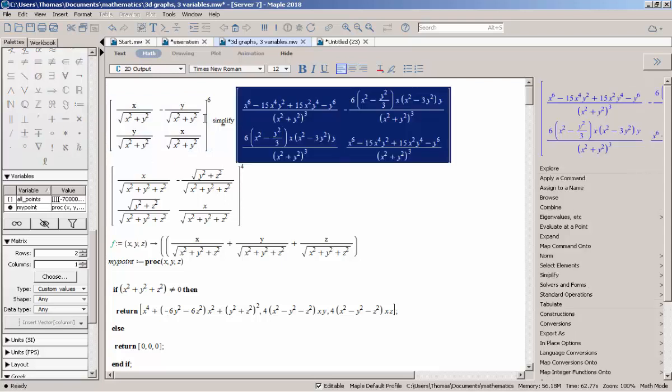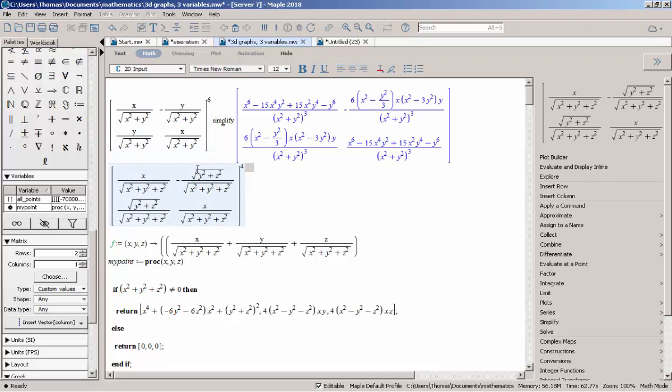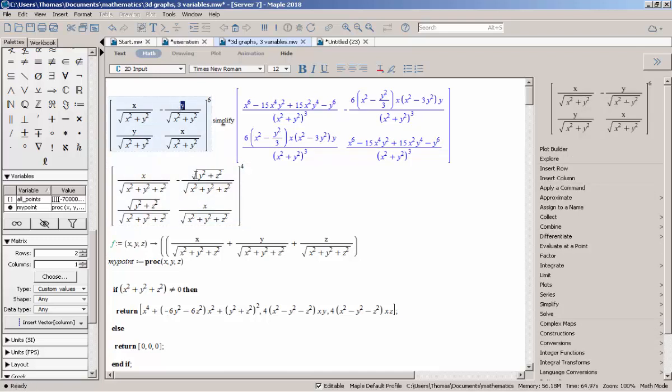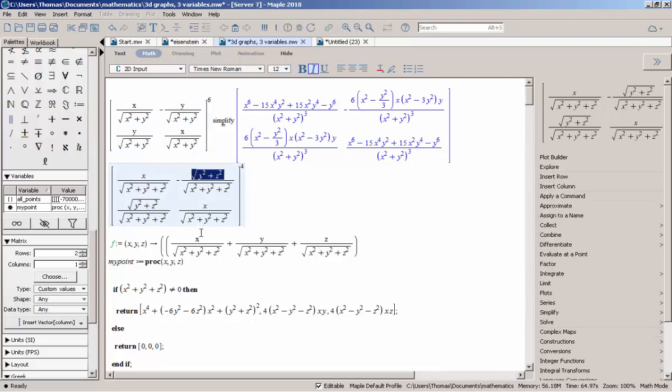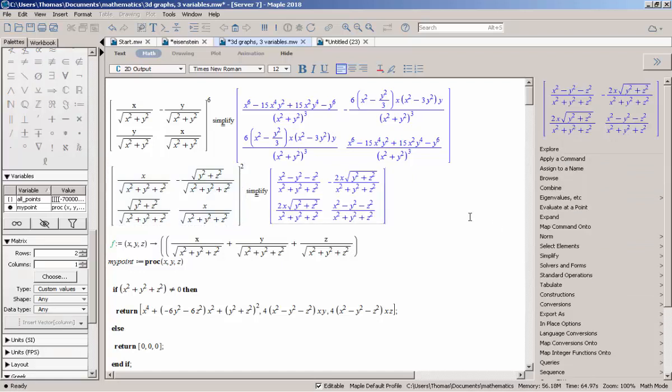Now if you want to make this into this, you put this square root here in where the y is supposed to go, and you can make it into a three-dimensional function that we use in the Mandelbrot set, or I should say the Mandelbulb.